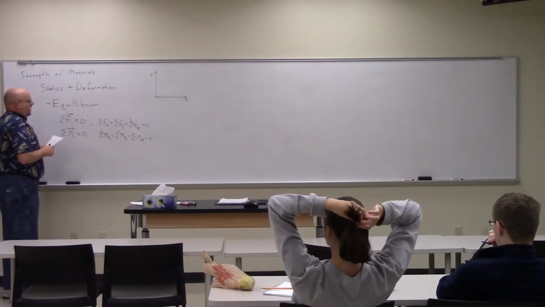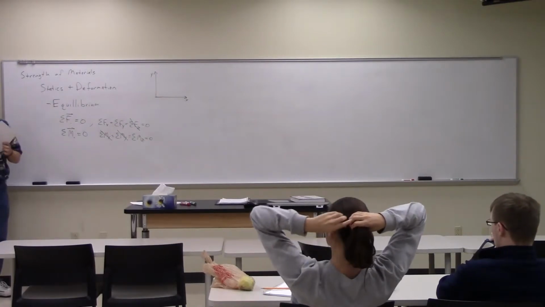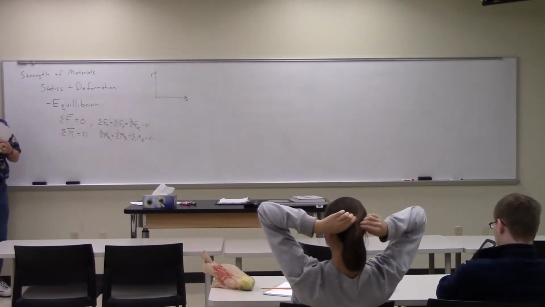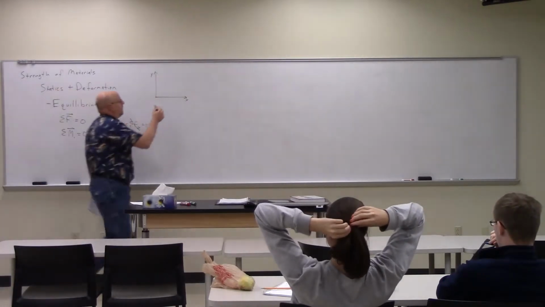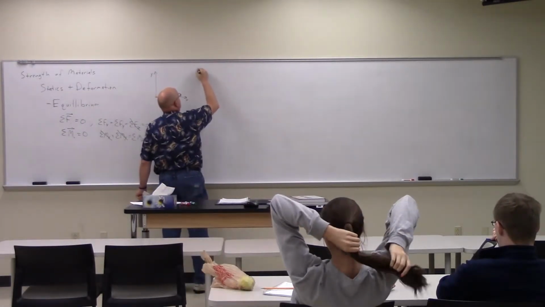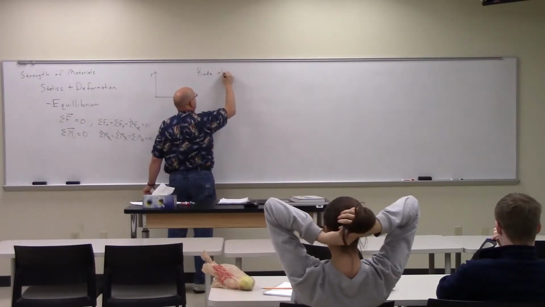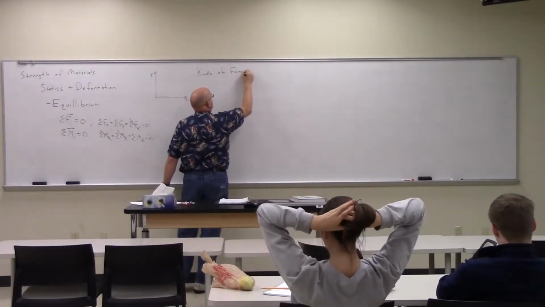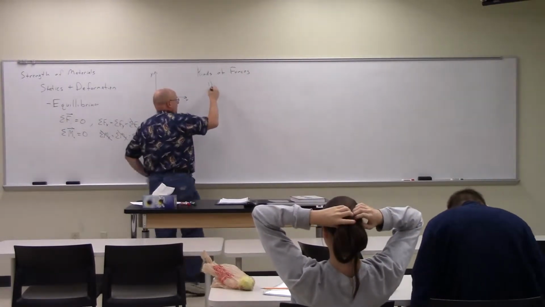And then in statics, we talked about a couple different kinds of forces. Right? So this is also sort of a review of the stuff we've done. So there's kinds of forces. The first was a concentrated force.